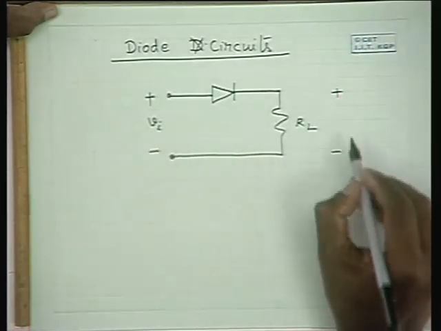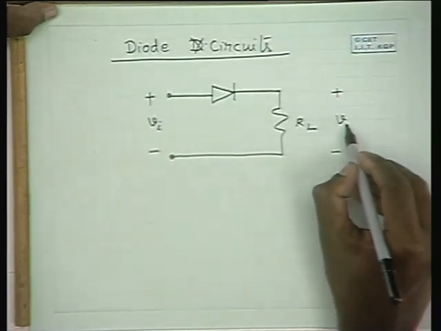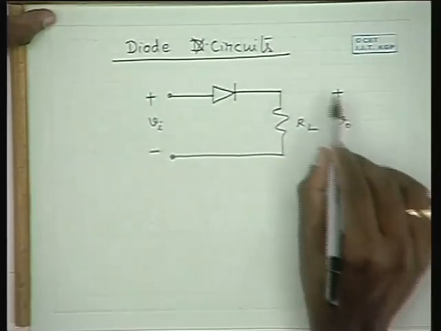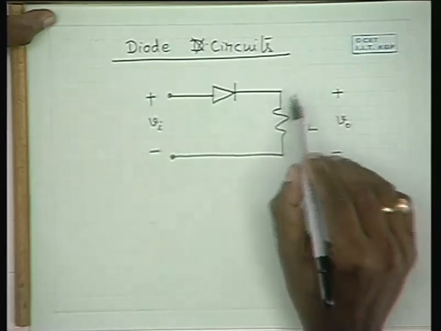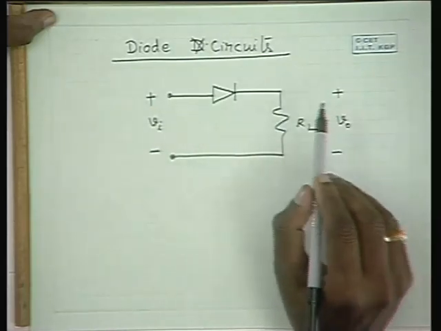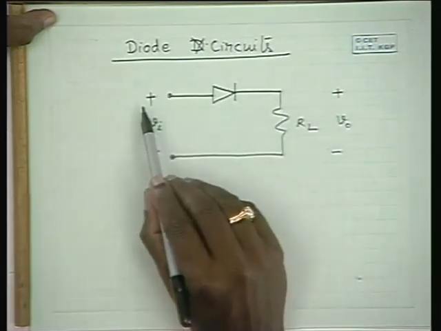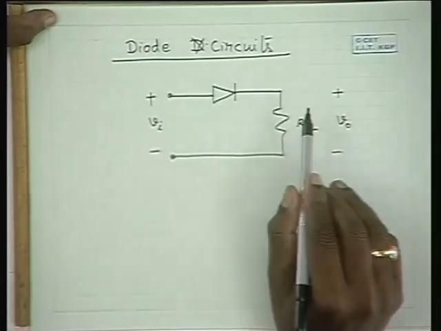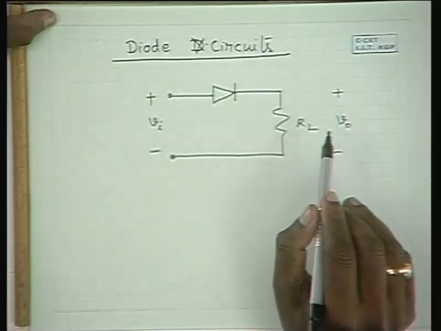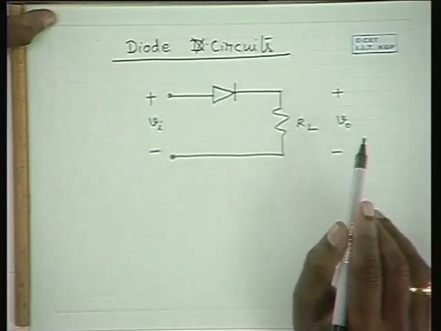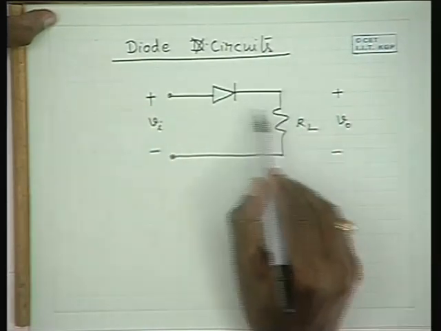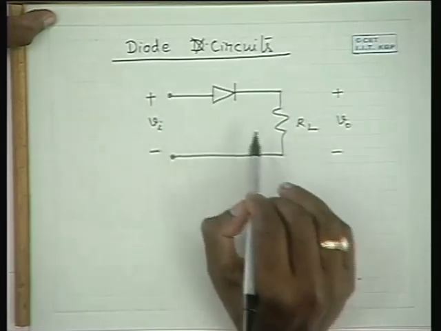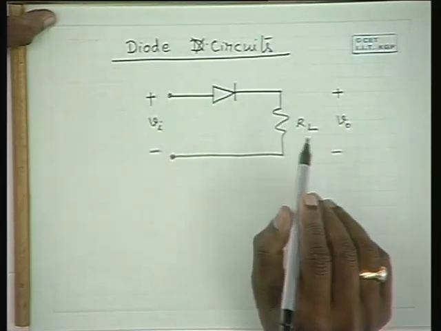And what kind of voltage do we get across the load resistance? This may be a motor or it may be a bulb, for which the voltage is passing through the diode. Load resistance means some utility equipment which loads the supply, and we are using a diode in the circuit here, right?